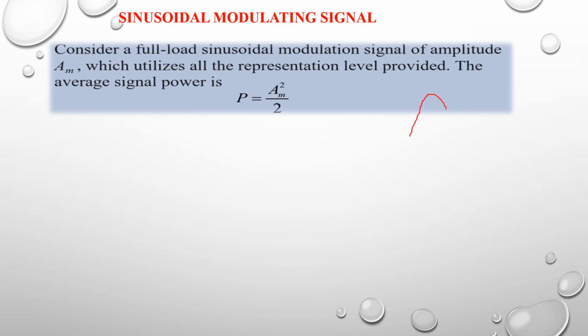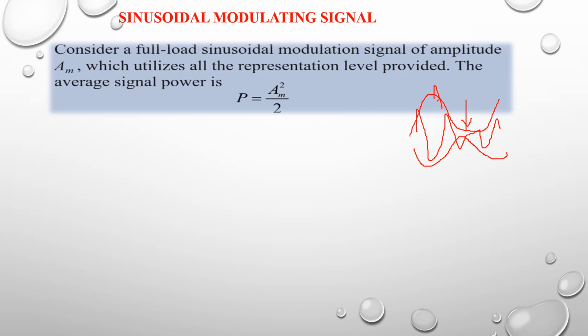So let's consider one amplitude modulated signal. This is the amplitude modulated signal, this is the modulating signal, and this is the carrier signal. This is a maximum and this is a minimum.